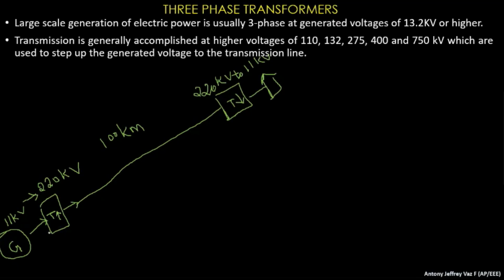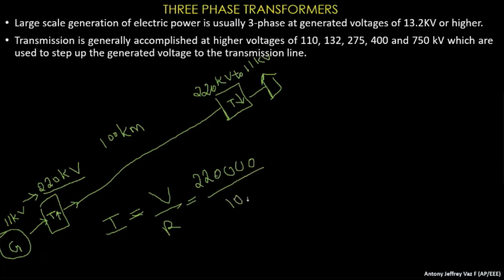Now if you apply the same rule here, you can see the voltage rating is 220 kilovolts. So the current I is equal to V divided by R. The voltage is 220 kV divided by the resistance in ohms that we have used earlier.